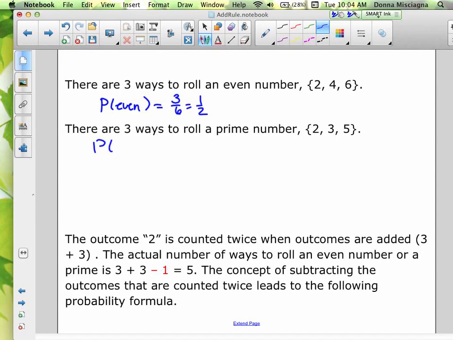And you have that in your notes. You can see that from the Venn diagram. So the probability of a prime number is also 3/6.